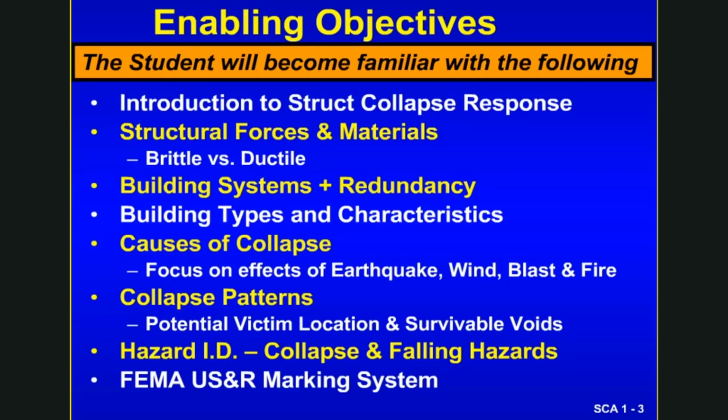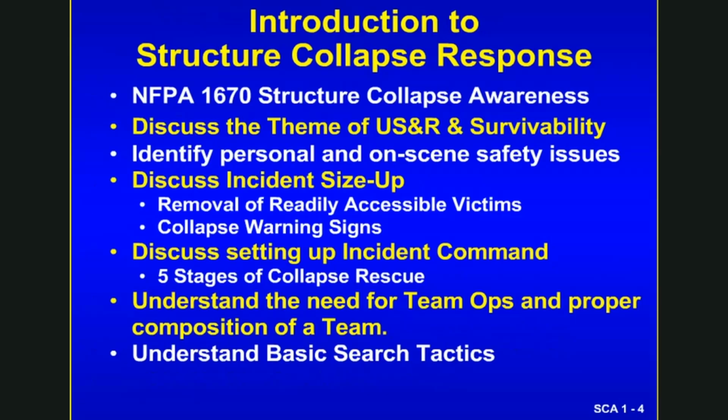And then we will go on to a little bit about hazard identification, what happens when you get to the site, collapse and falling hazards, and then we'll end up with the FEMA Urban Search and Rescue Marking System.